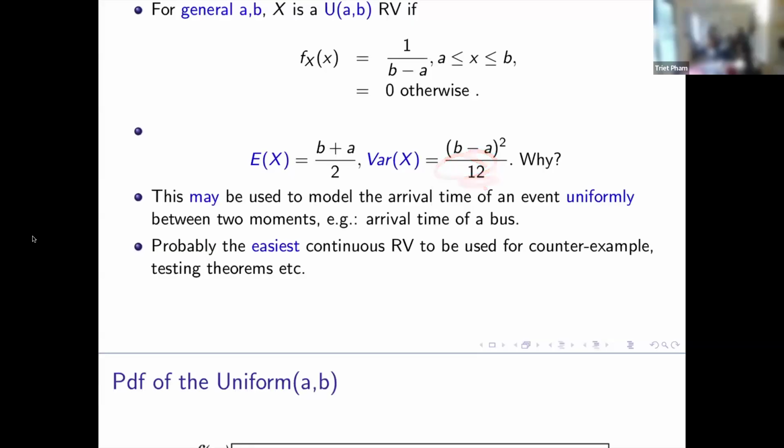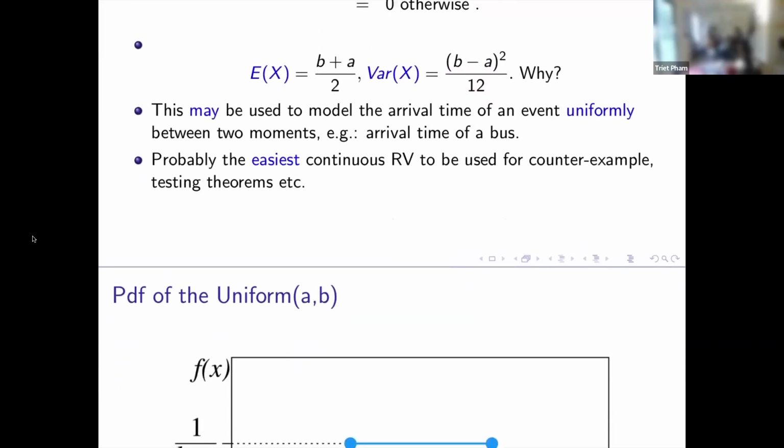Again, this 12 doesn't have a meaning; it's just a relic of how the calculation goes. It will be used to model the arrival time of an event where you have no information about how that time happens. It just happens uniformly between two time points.